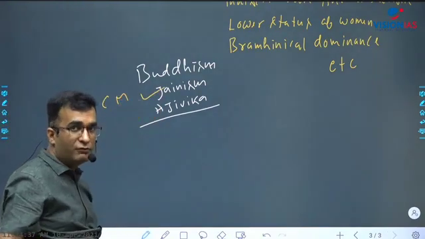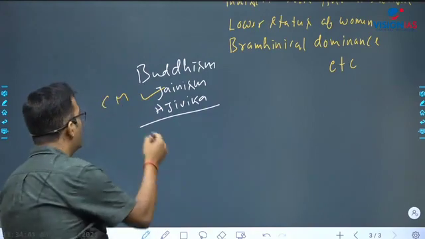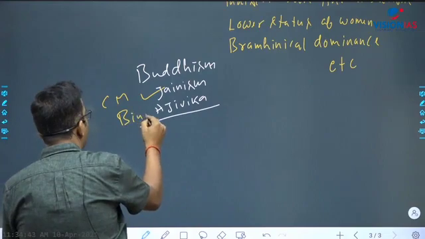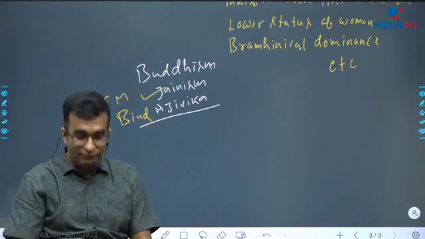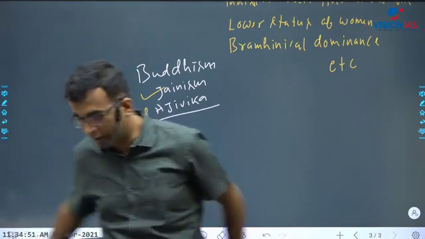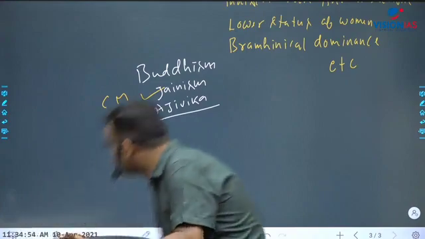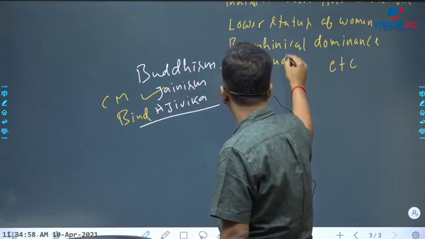Then the son of Chandragupta Maurya, Bindusar, he was not a Jaina. He followed Ajivika. So Ajivika goes to Bindusar. Then Asoka, the first part of his life he was Ajivika, and the second part he was Buddhist.